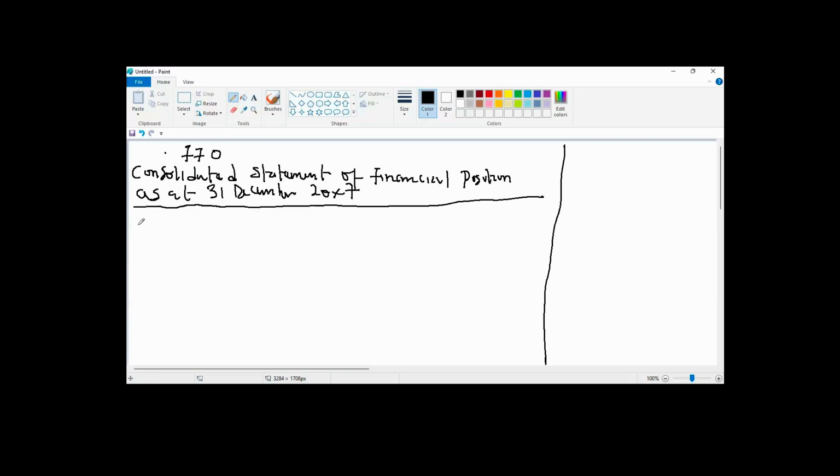No current assets. You have PPE: $120 plus 177.